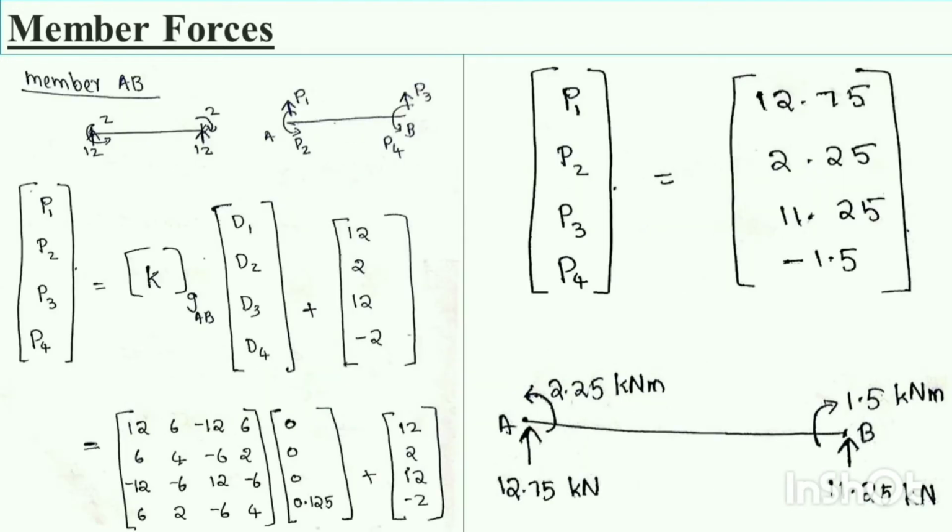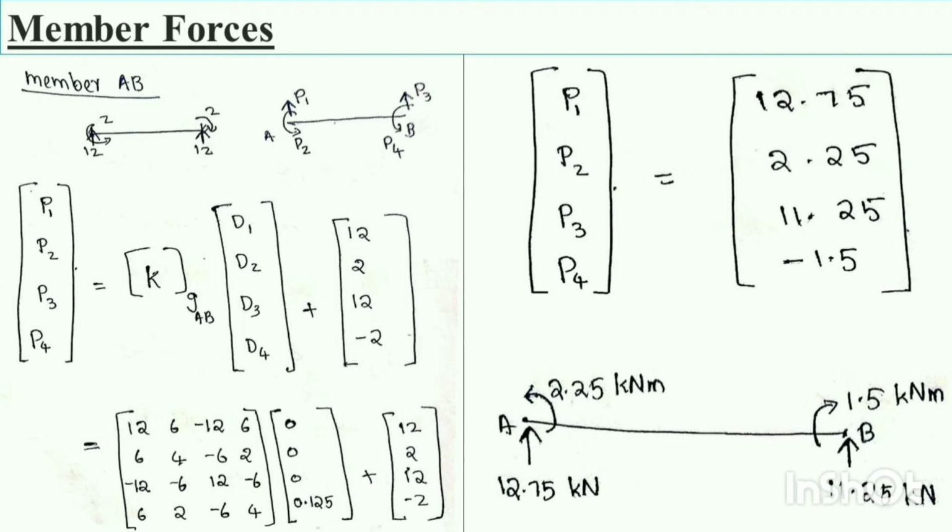Let the forces acting be P1, P2 at A and P3, P4 at B, and the forces due to fixing are 12, 2, 12, minus 2. Therefore, in the equation, P1, P2, P3, P4 will be equal to Kg AB into matrix D1, D2, D3, D4 plus forces due to fixing, which is 12, 2, 12, minus 2.